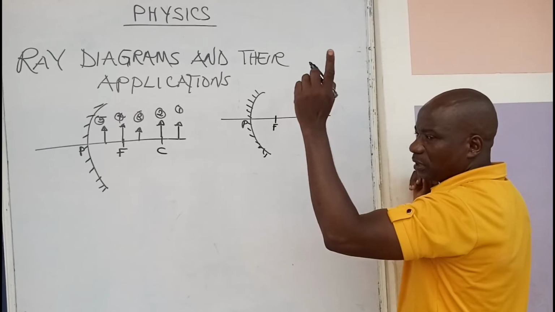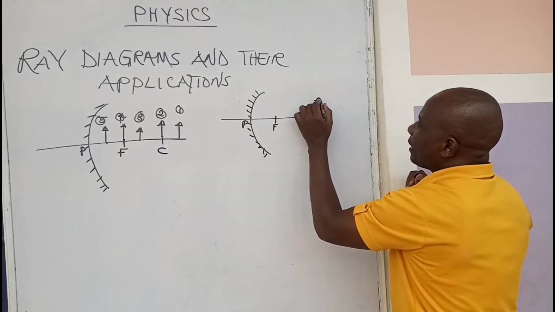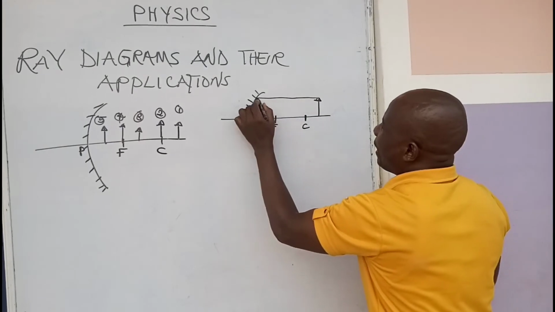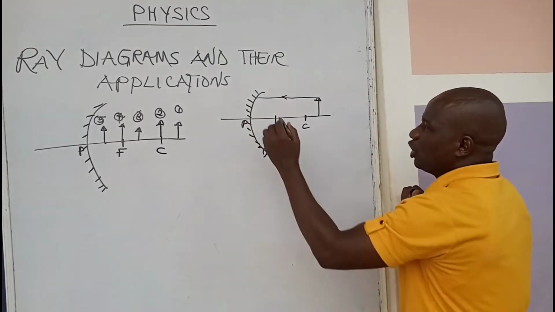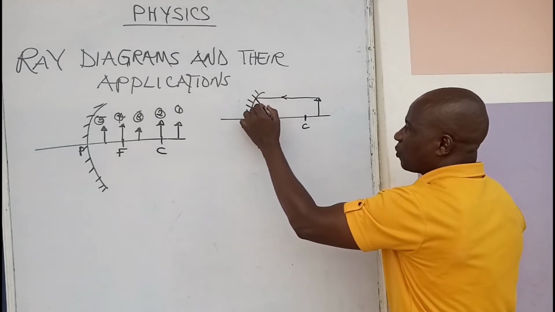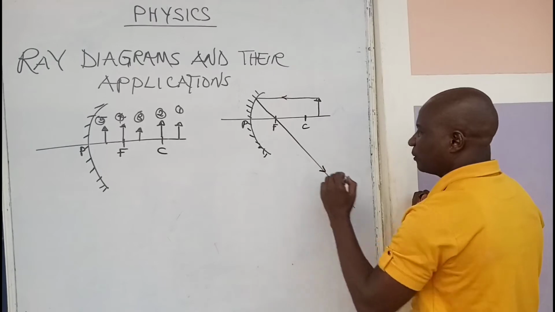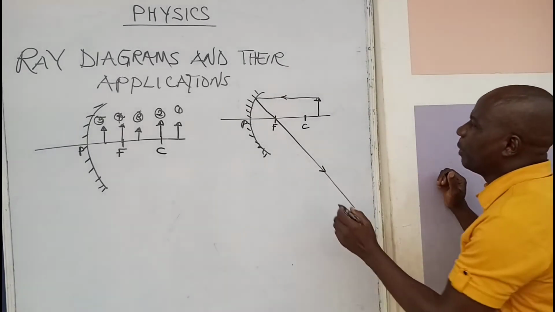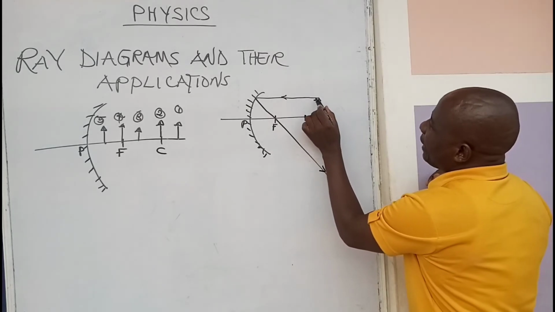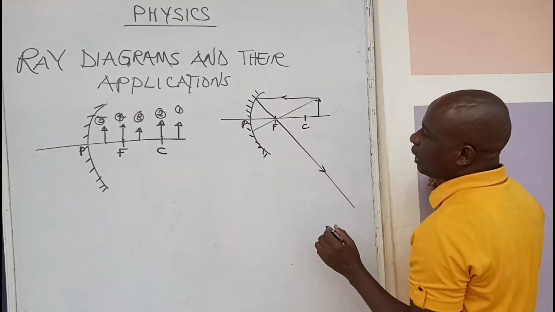What's the first principle? Any ray that is close and parallel to the principal axis, where will it pass? After this, it will pass through principal focus. You have to indicate. That's number 1. Then number 2, any ray that passes through principal focus, where will it be?